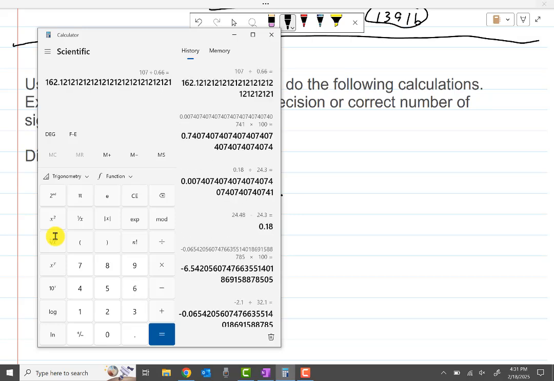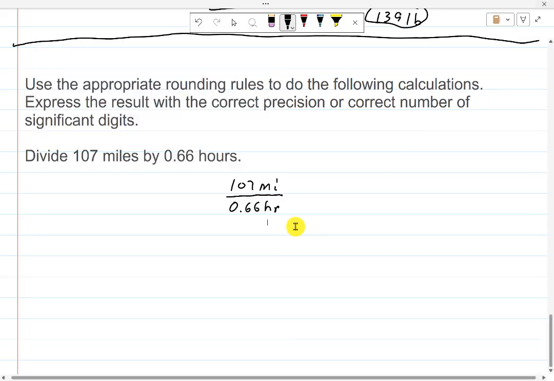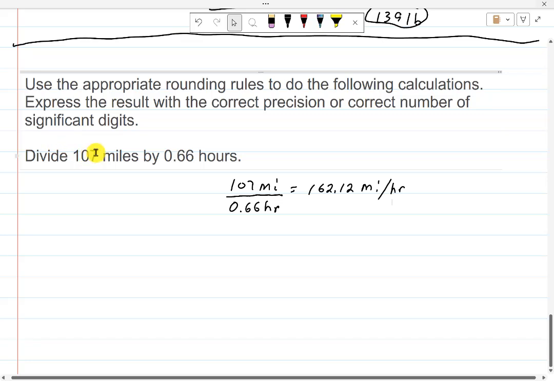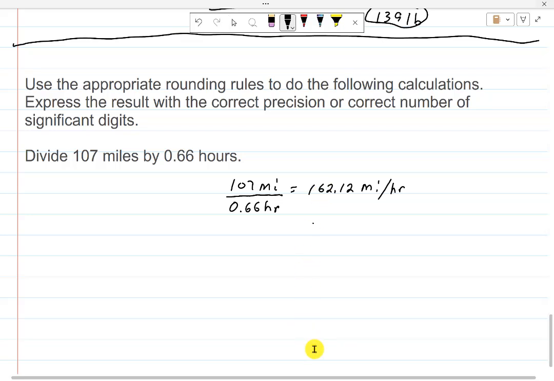So I get 162.12 if I go to 2 decimal places. Now, that's not going to be the answer that they want. Once again, this has 0 decimal places of accuracy, and this has 2. The least precise of the 2 of these is the whole number. So I'm going to round this to the nearest whole number, and that's going to be 162 miles per hour.